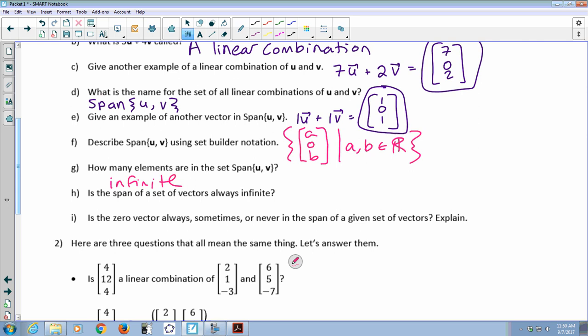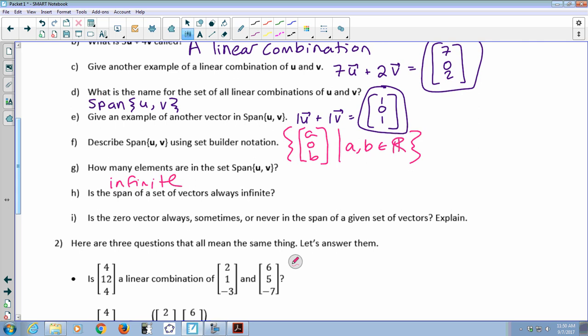Is the span of a set of vectors always infinite? In this case, it was infinite. Is there any way it would not be infinite? Yeah, if 0 is the only vector, then there's still an infinite choice of scalars, but it doesn't change your vector.